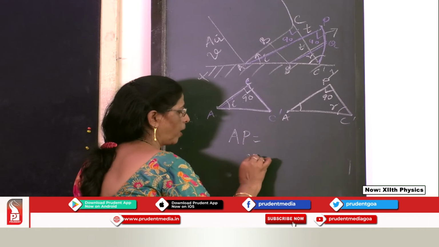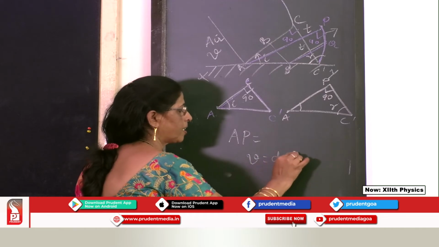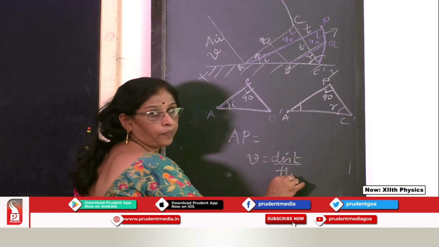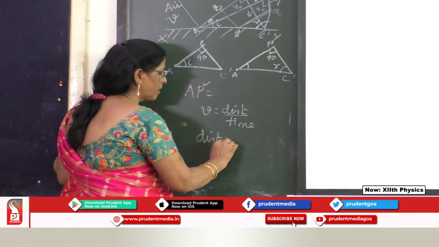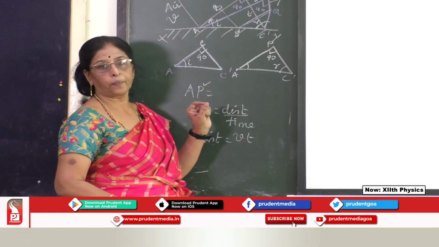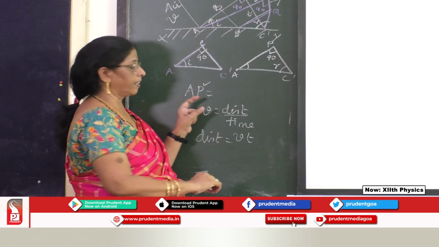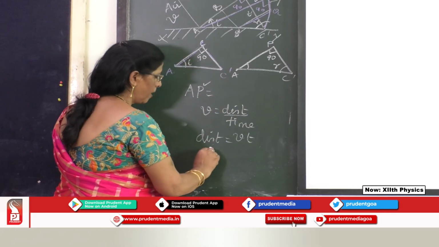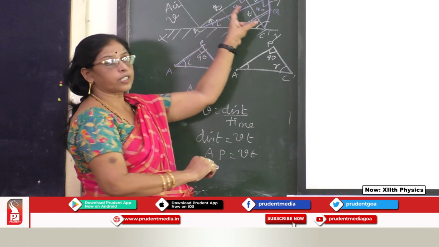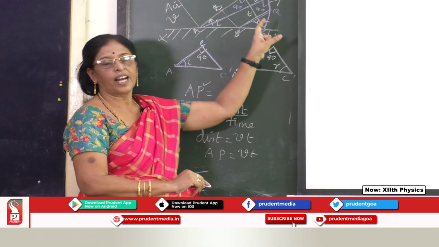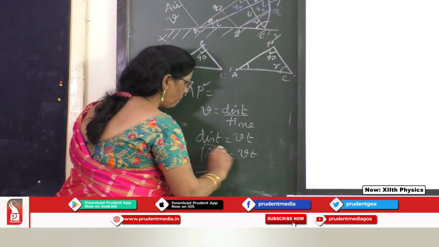We know that velocity is equal to distance upon time, or distance is equal to velocity into time. So, the distance AP equals velocity into time. If V is the velocity of the wave in the first medium and T is the time taken, AP is VT.